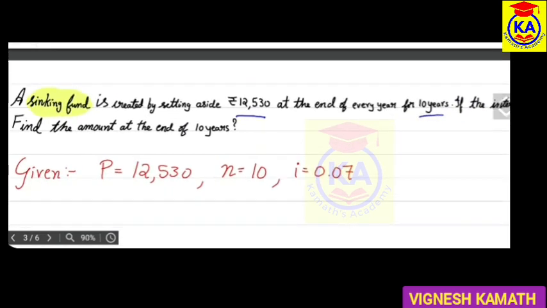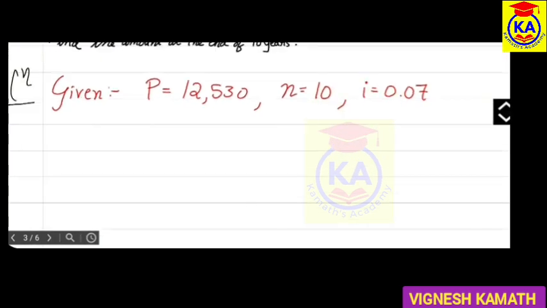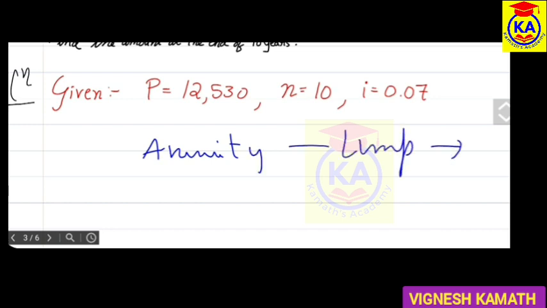Now what you have to find is the amount at the end of 10 years. In the first case, you have to find whether the question is future value or present value. Sinking fund means first you have to do annuity, later lump sum. So this belongs to future value of annuity.